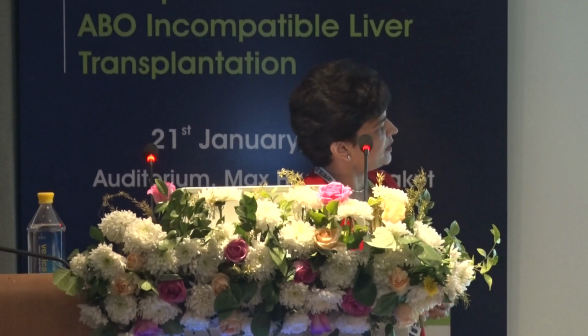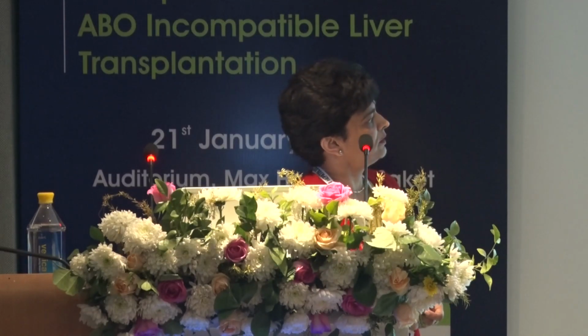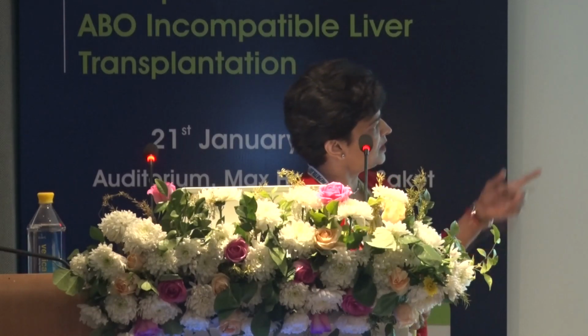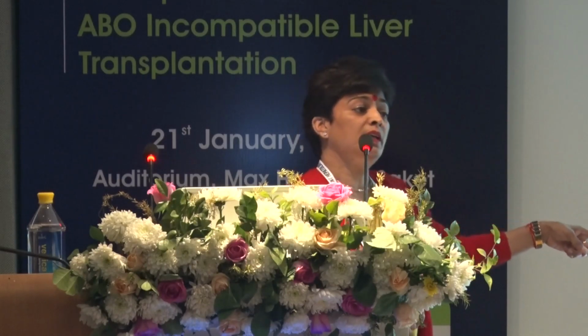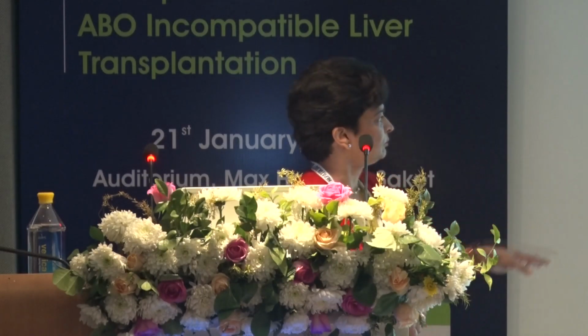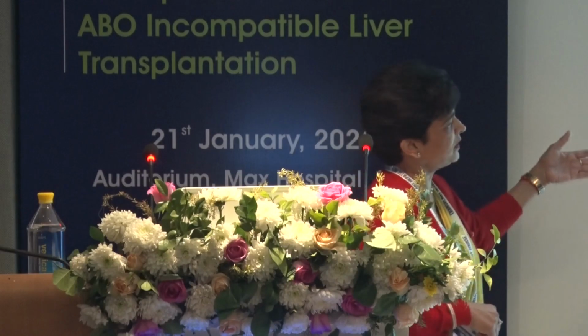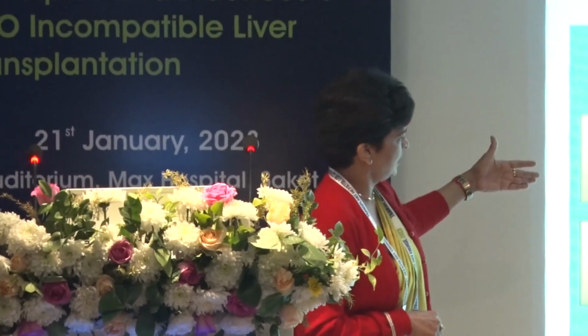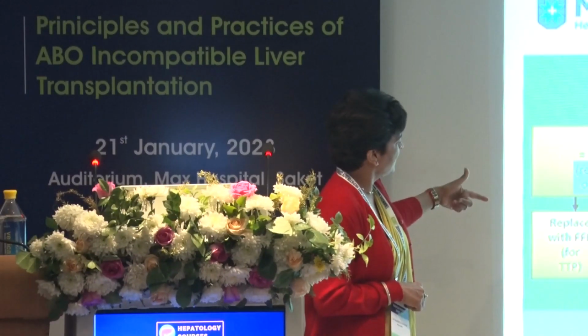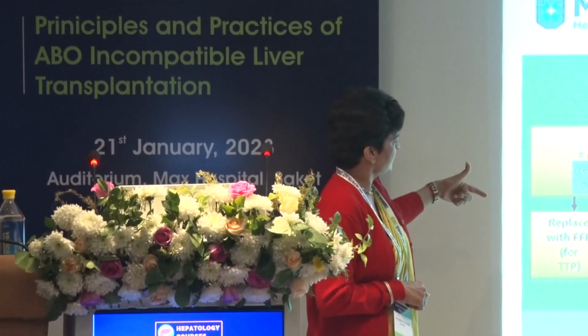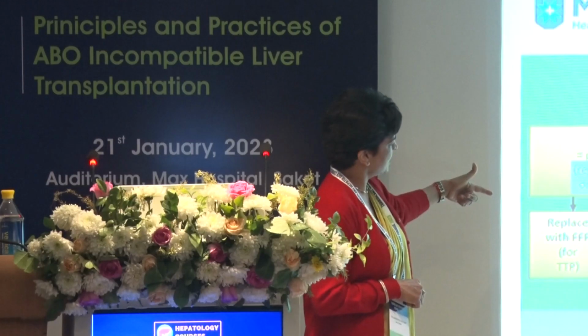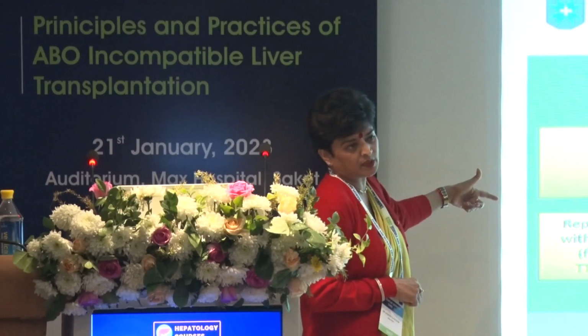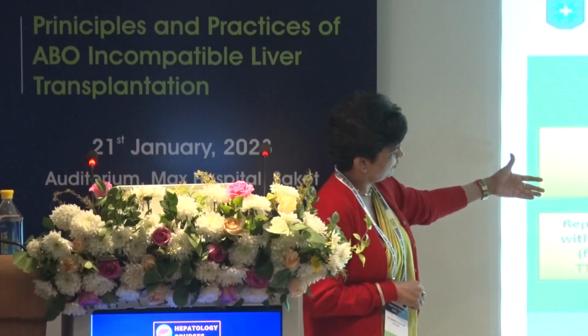So these are the various types of modalities which are present, the conventional ones and the less conventional methods. The conventional ones are plasmapheresis and cytopheresis. I've already spoken about that. In plasmapheresis, the replacement fluids can be of various types, that is FFP and albumin.